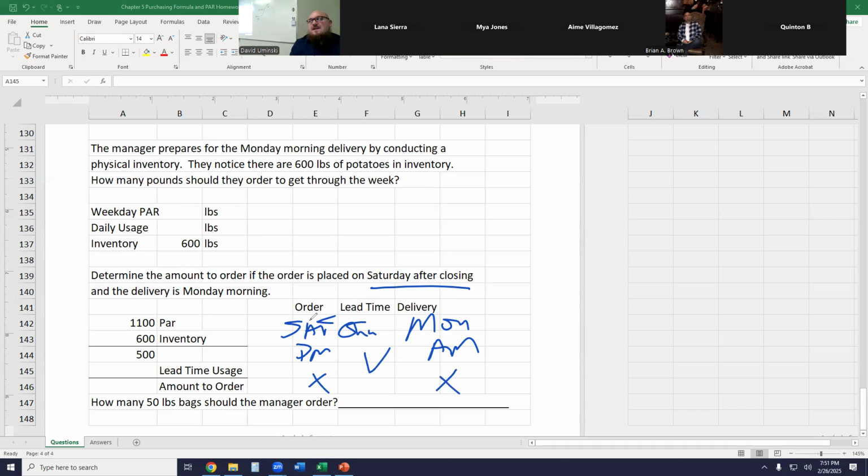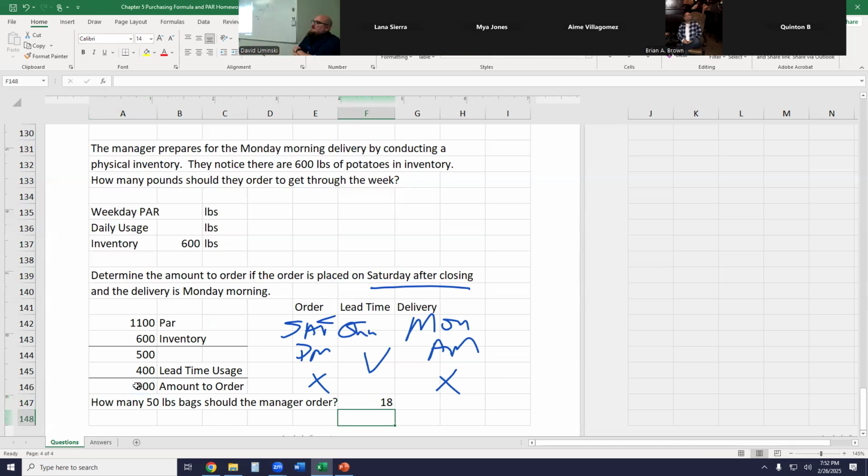No usage on Monday because the order will be there before we open. And our weekend usage is 400 pounds per day on Sunday. So that's a total of 900. 900 divided by 50 pounds is 18 bags.